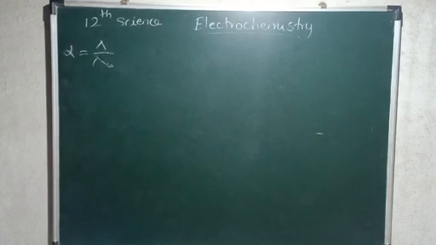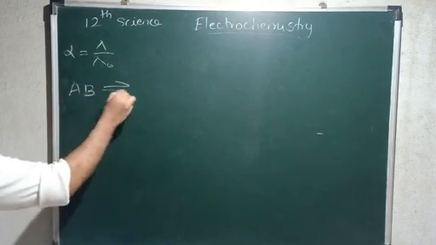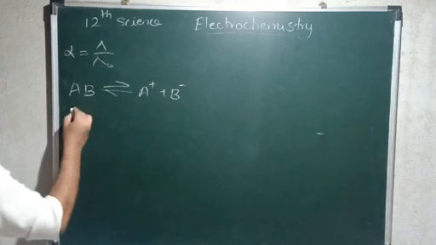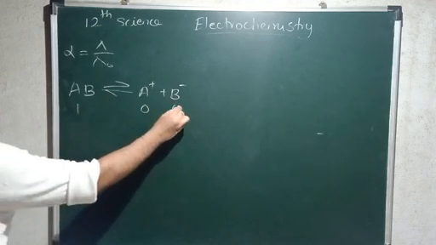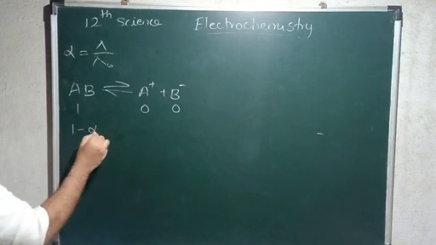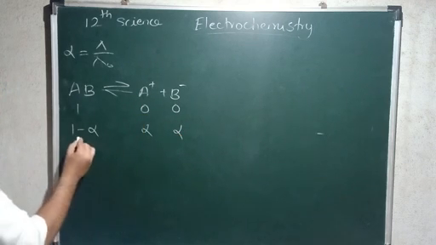We have a simple reaction AB giving A plus and B minus. Initially AB was maximum and these two will be 0. With time, depending upon the degree of dissociation, these ions will be formed.